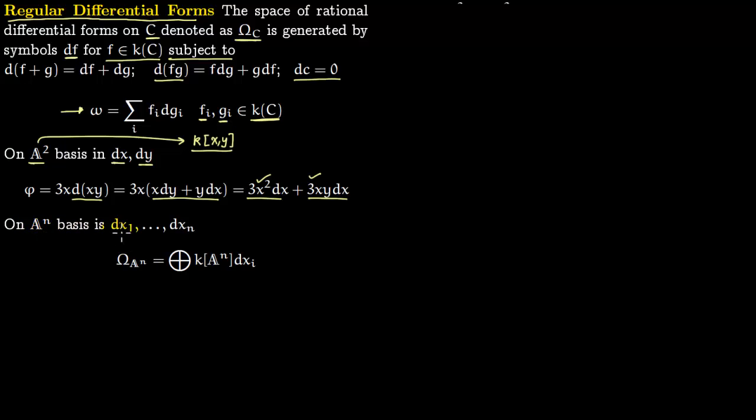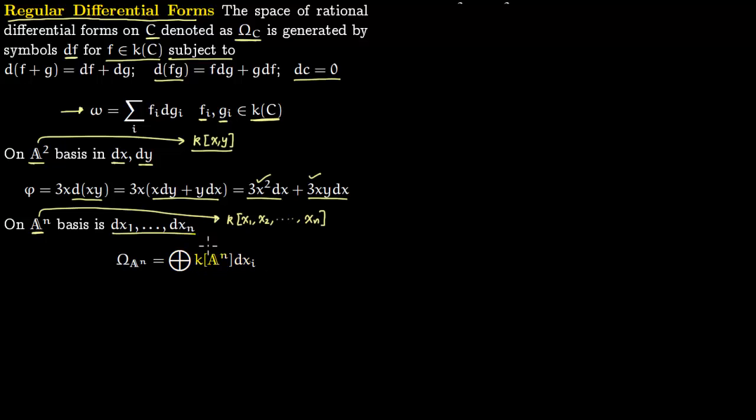So on An, the basis is dx1 to dxn. Again, corresponding to An, we have the ring k[x1, x2, all the way to xn]. So your differential forms look like this.